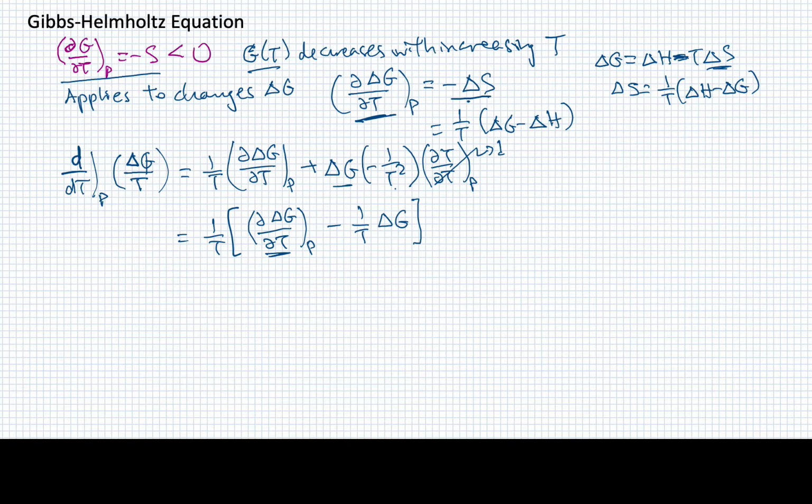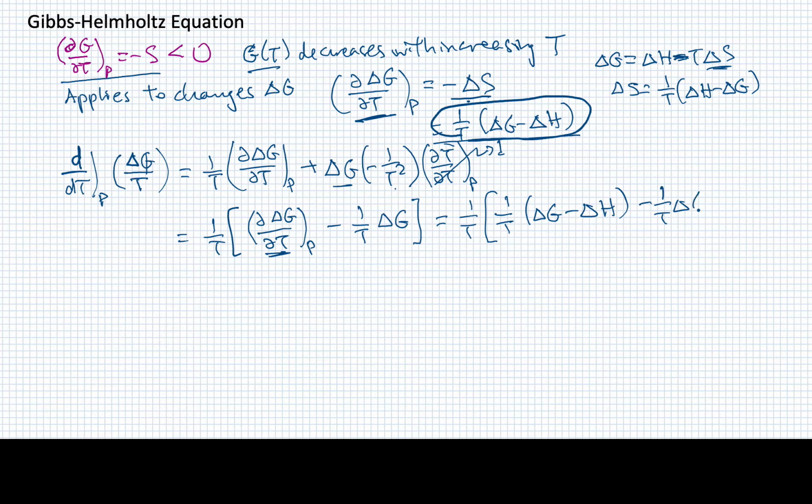It's equal to minus delta S, but I could also write minus delta S this way. So in fact, I can write this as 1 over T outside, and this derivative is equal to this expression. So I'll have 1 over T times delta G minus delta H, and then minus 1 over T delta G.